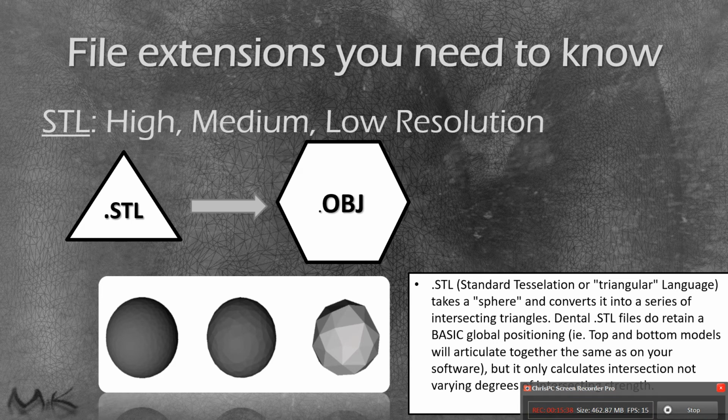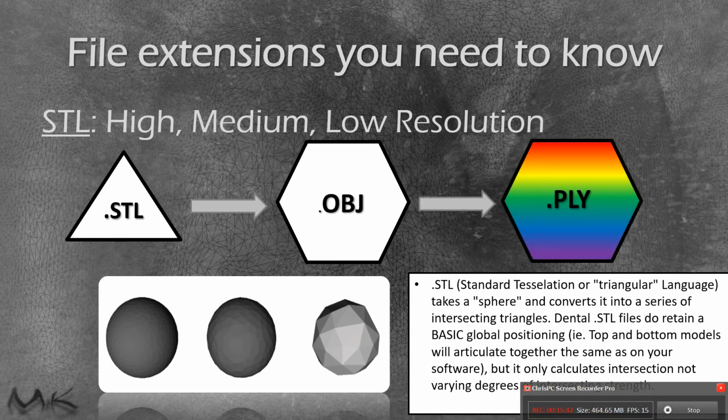little bit more detail. I think one of the coolest things that's coming along is what's called the PLY file. The PLY file not only gives you increased amount of polygon data, but it also gives you a color image and surface texture.